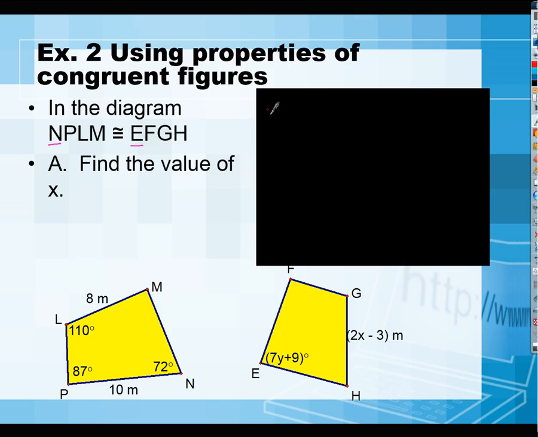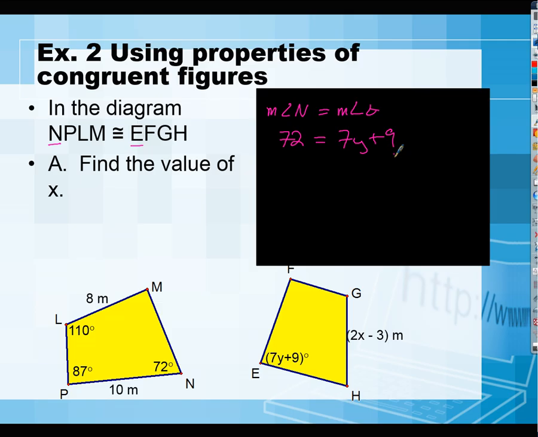And so the measure of angle N must equal the measure of angle E, and that gives us 72 equals 7y plus 9, which you guys could all solve. We won't even bother with it, right? You could easily solve that for y.